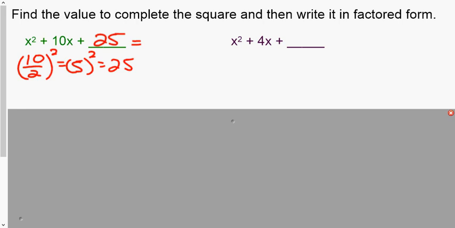Now, it says then write it in factored form. Well, we know it's going to be something quantity squared. We start with our variable, and then what did we square to get 25? Well, this was positive 5. So it's going to be x plus 5 quantity squared.